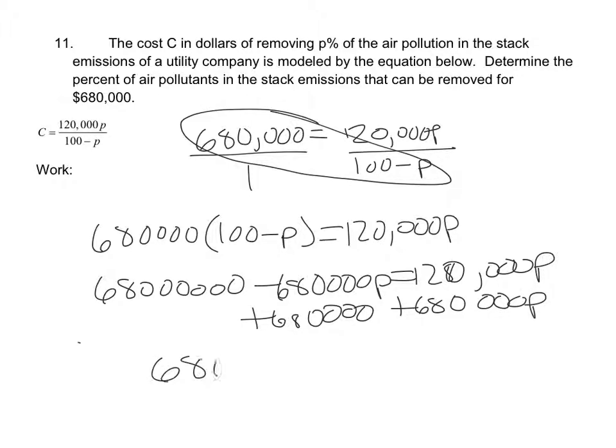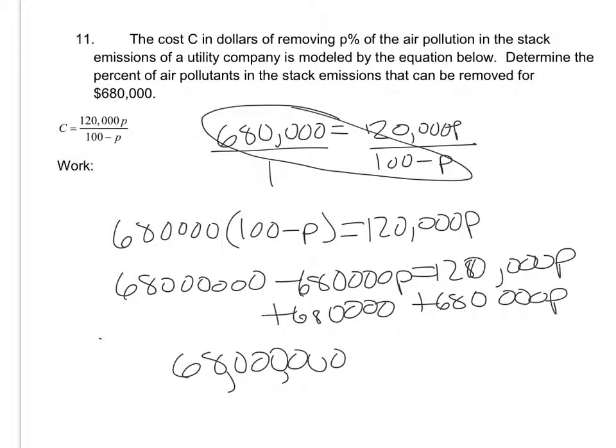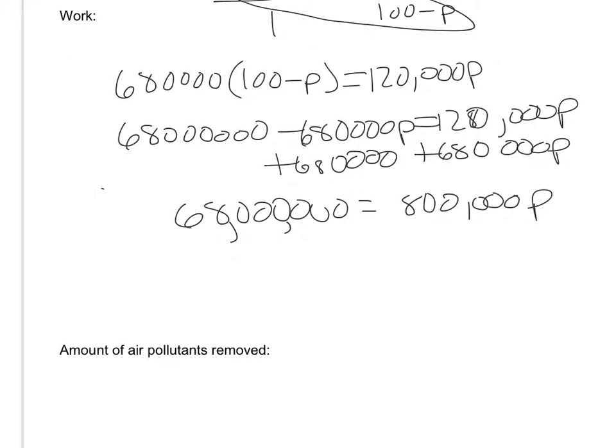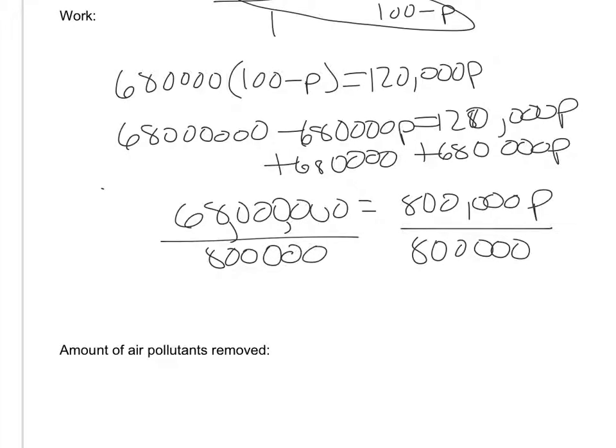So you'd get 68 million equals 800,000 P. Divide by the 800,000. You get P equals 85%. Okay? So let's take a look at another.